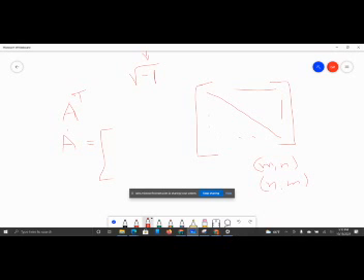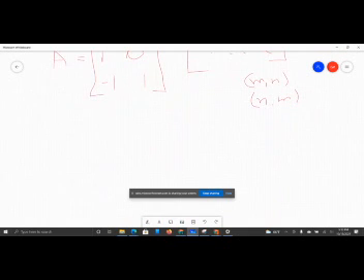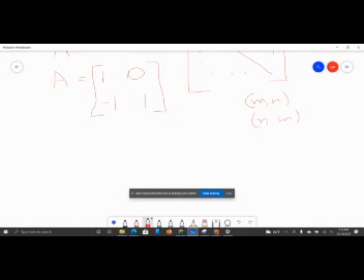So for example, if we have the matrix, we can then say that A transpose is equal to the following. At 1, 1, we have the number 1, and this is going to stay the same.